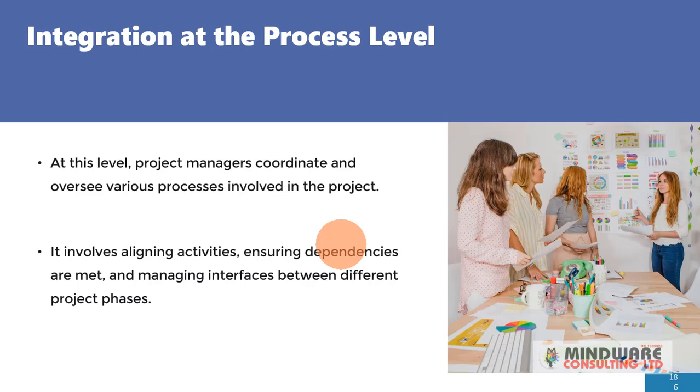The start time for the production is dependent on when the suppliers supply you the raw materials or the equipment that you require. So you have to understand these dependencies and be able to align them with the timelines for different activities. And then also managing interfaces between different project phases.